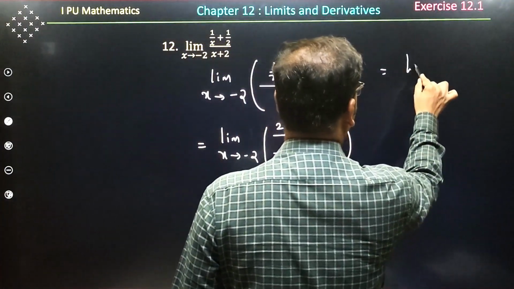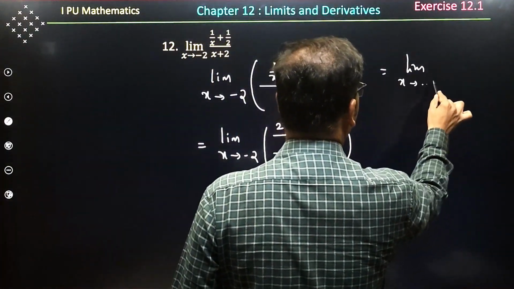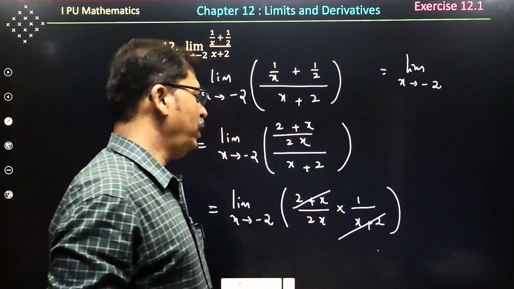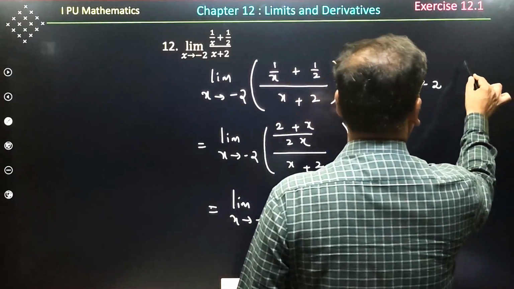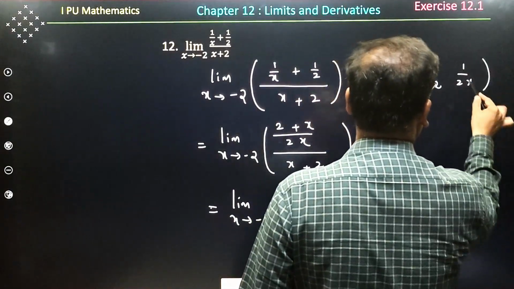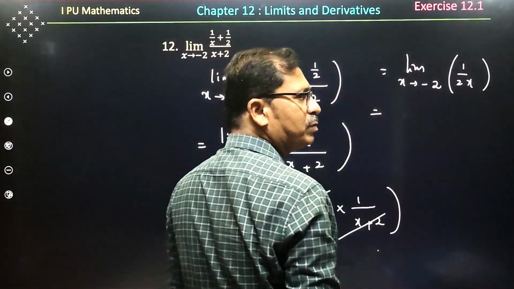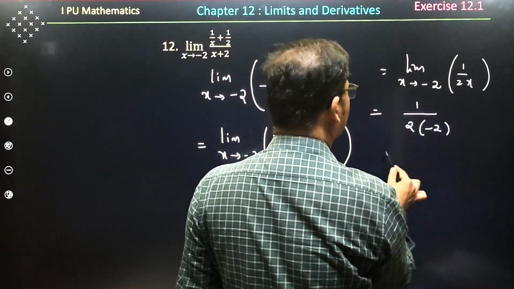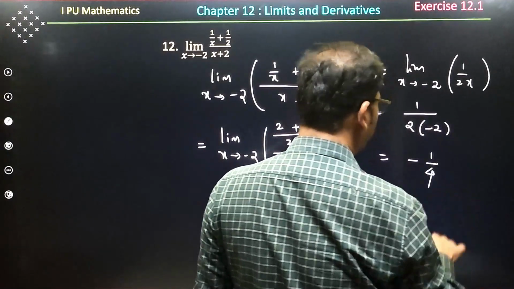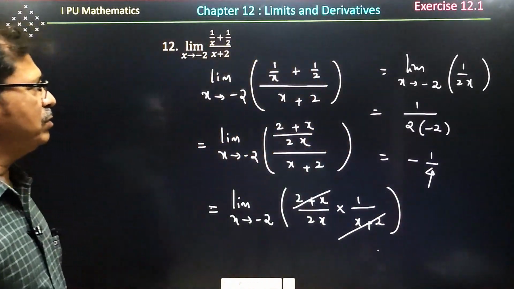Limit x tends to minus 2, 1 by 2x remains. 1 upon 2x. Wherever x is there, you substitute minus 2. So 1 upon 2 into minus 2. So the answer is minus 1 by 4. This completes the solution for this example.